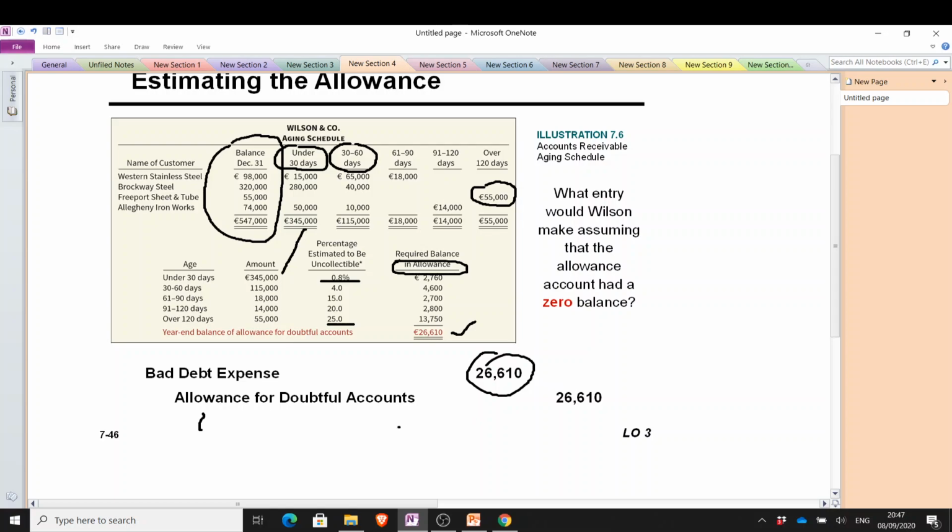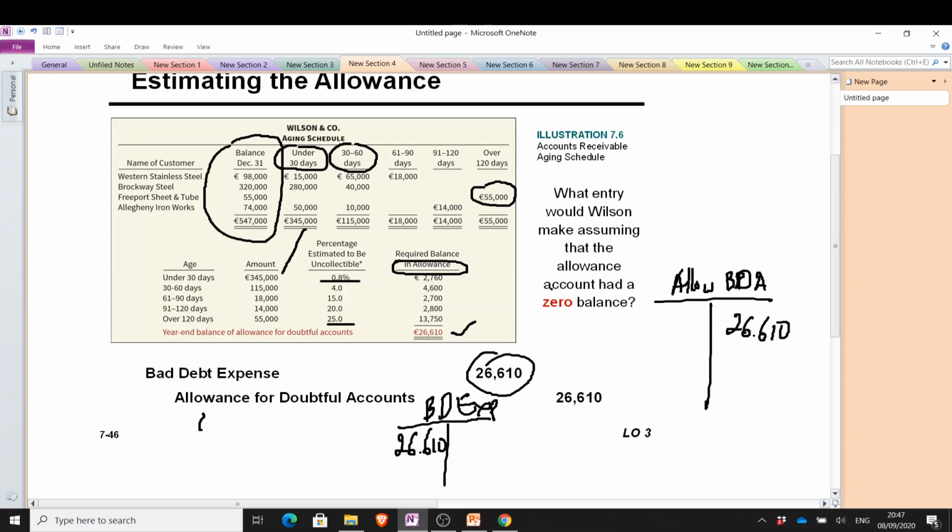So we have here bad debt expense of 26,610, while the allowance for bad debt account equals 26,610. It is assumed that there is no balance before this, or the balance was 0.